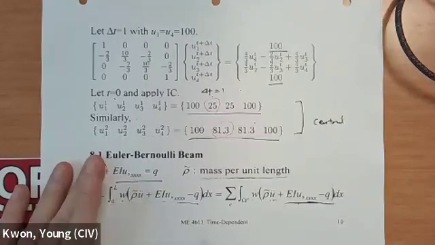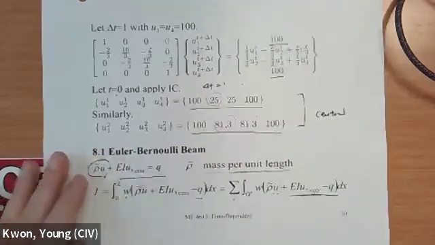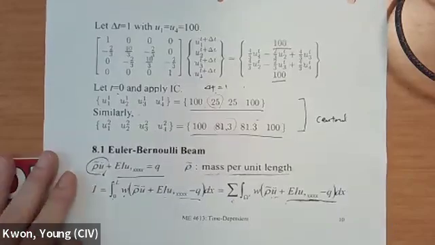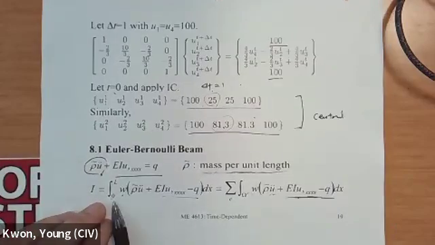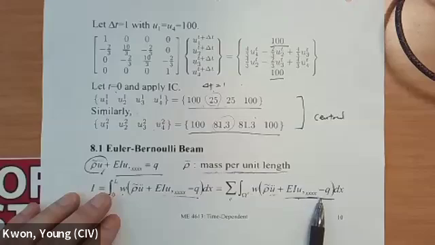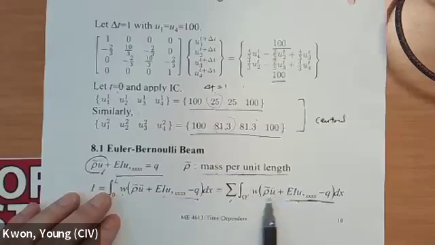Without inertial force, it's simply a static problem. And the method of weighted residual is exactly the same. You are going to conduct that over the spatial domain, not time domain, just the spatial domain. So everything is the same as in the previous chapter, except this term.